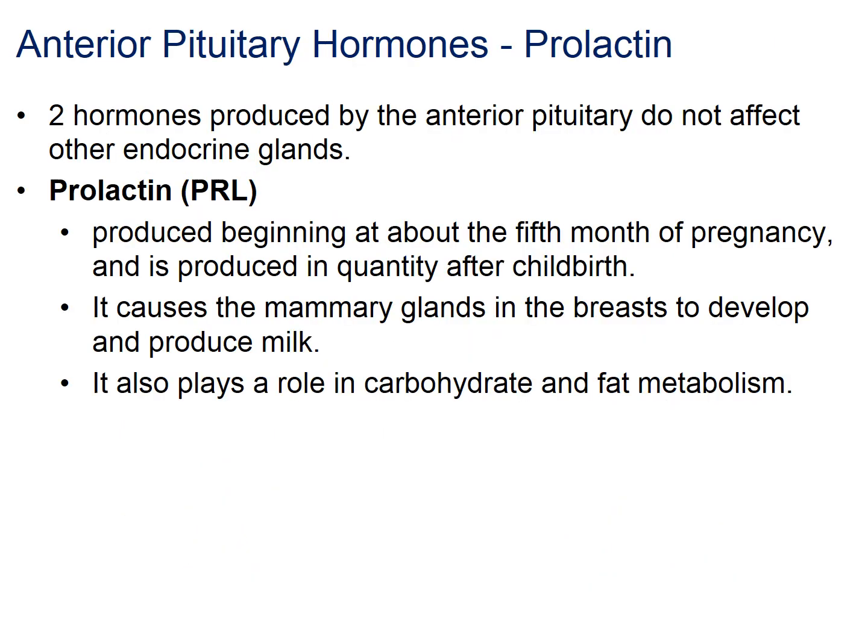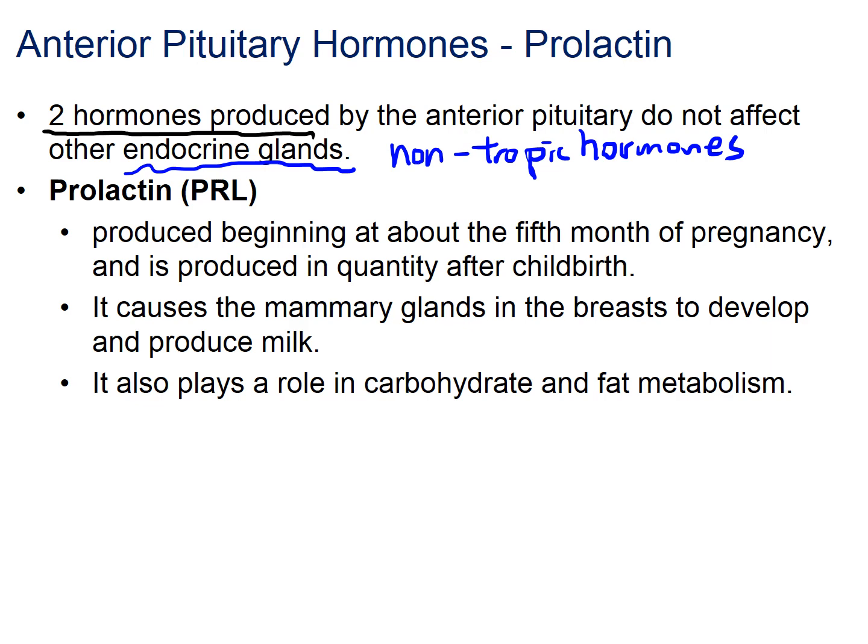Now we're going to talk about the different hormones produced by the anterior pituitary gland. Two of these hormones produced by the anterior pituitary gland do not affect other endocrine glands, and for that reason, we call them non-tropic hormones. They don't affect other endocrine glands.